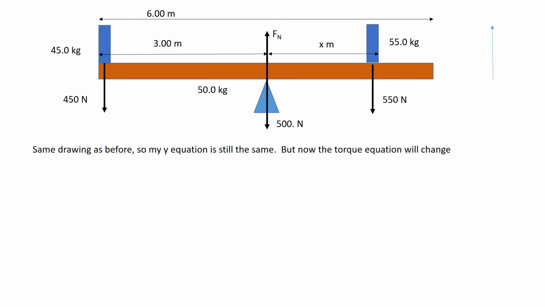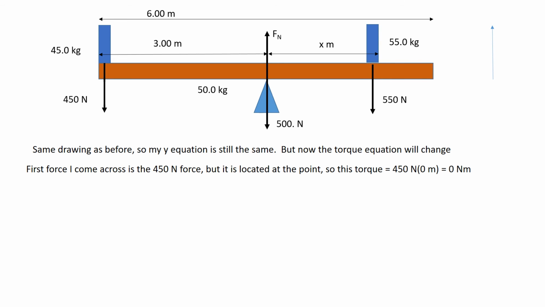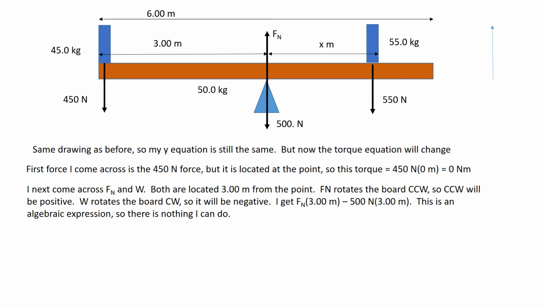But now, my y equation will be the same, but now my torque equation will change. First force I come across is the 450 Newton force, but it's located at the pivot point, so this torque is going to be 0 Newton meters. Next I come across both Fn and W. Both are located 3 meters from the point.